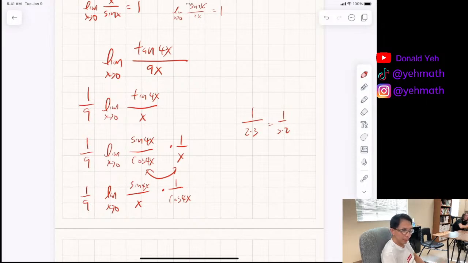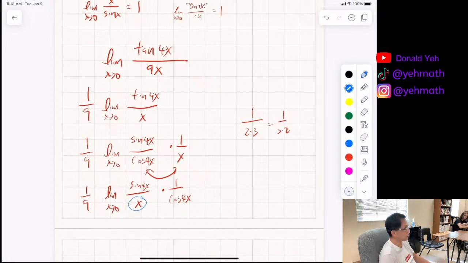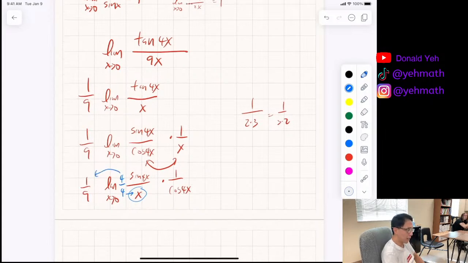Now remember, the problem occurs right here. This is a 4x, but this is not a 4x. You have to make this 4x. So we can make a maneuver: you just multiply here by 4 over 4. This 4 can go in here, and this 4 can come back out, because that's still a constant.